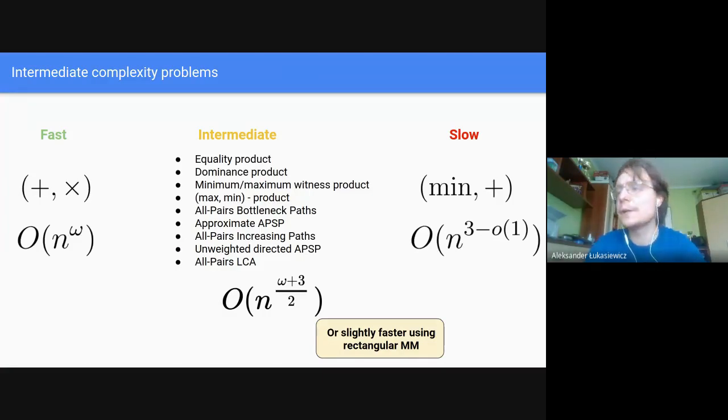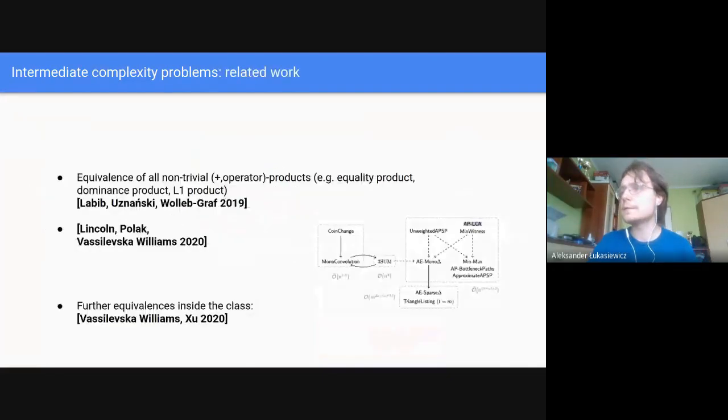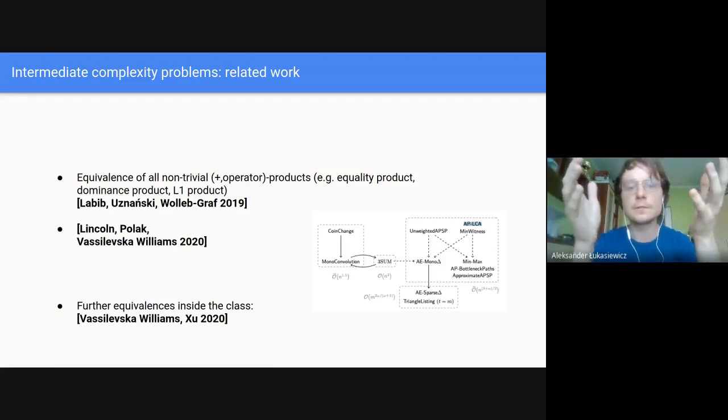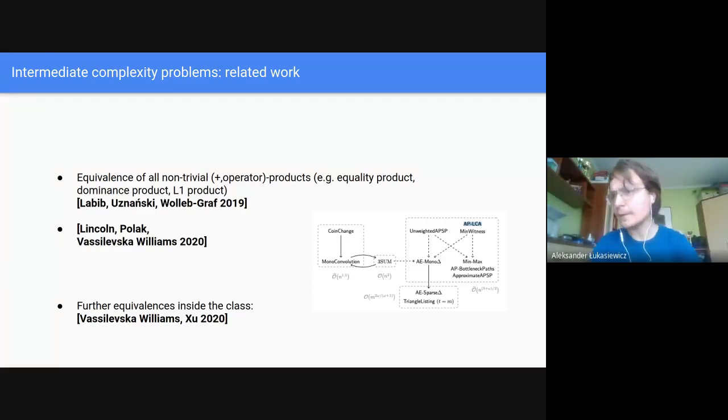To be exact, for some of these problems, we can get slightly better algorithms using the power of fast rectangular matrix multiplication. However, these improvements vanish if we assume that ω equals 2. There has been a recent line of research that tries to scrutinize the equivalences and relations between these intermediate complexity problems.